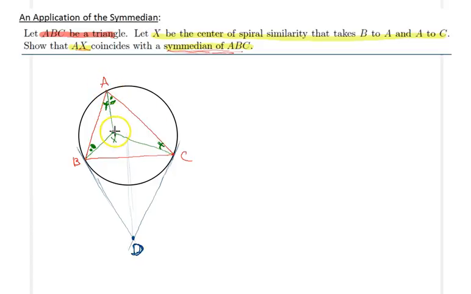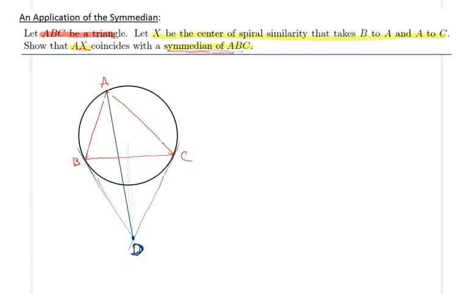Notice that the claim is that AX will coincide with the Symmedian. So the best way to prove this problem is to first draw the Symmedian and then see if there's a natural candidate for the point X, and then show that that candidate will do the trick. Let me draw that Symmedian line first.